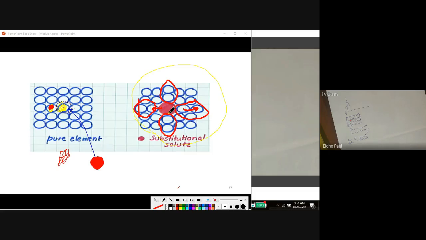So by this impurity atom addition in the substitutional position, the adjacent atoms experience a strain field or stress field.